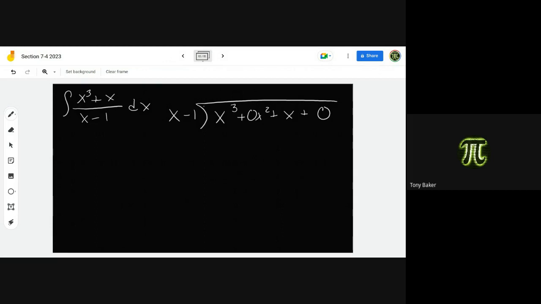How many times does x go into x to the third? So I have x squared. Or the other way to think about it is, what do I have to multiply x by to get x to the third? X squared. Now I multiply: x squared times x is x to the third. X squared times negative 1 is negative x squared.